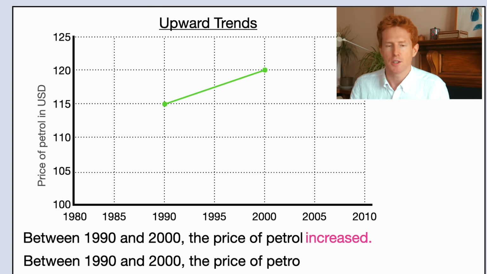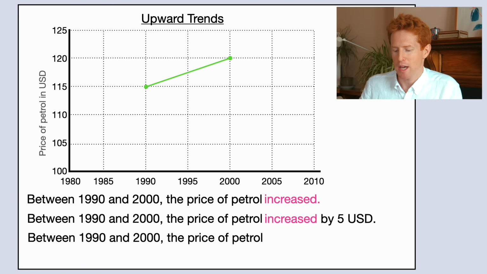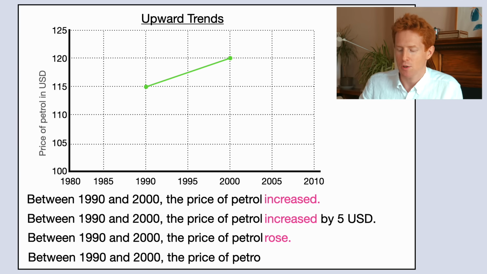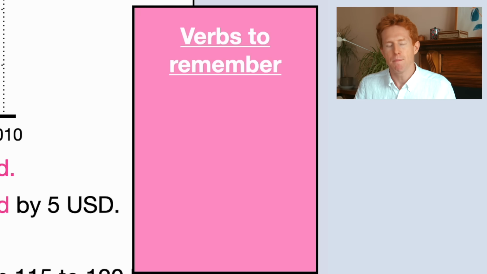Between 1990 and 2000, the price of petrol increased by $5. Between 1990 and 2000, the price of petrol rose. Between 1990 and 2000, the price of petrol rose from $115 to $120.